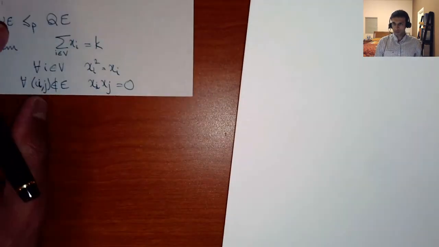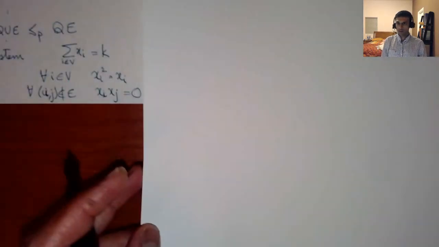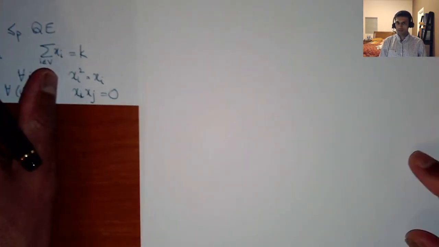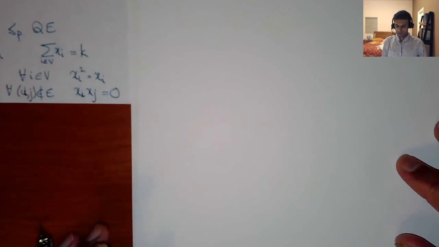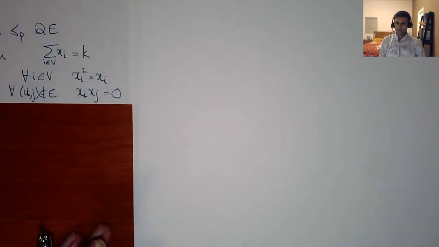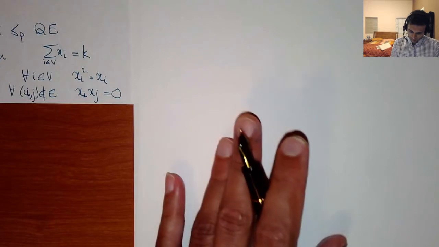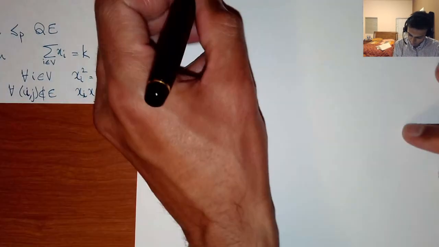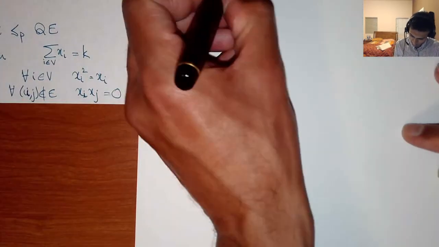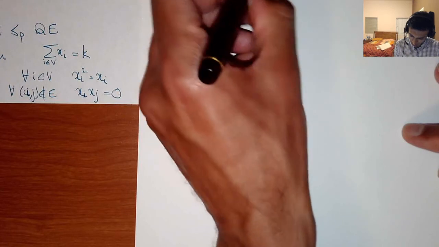I'm just going to leave this over there. Okay, so we want to say that if G, K is in Clique.